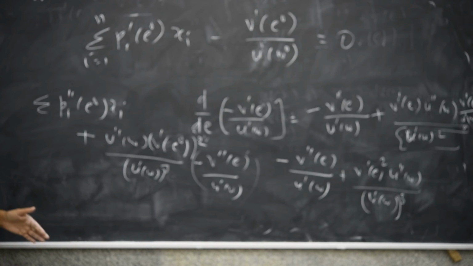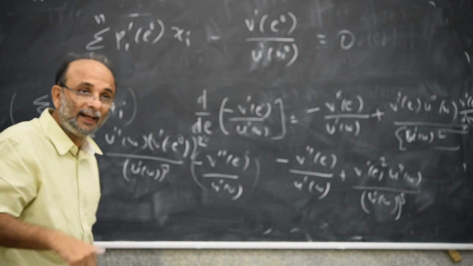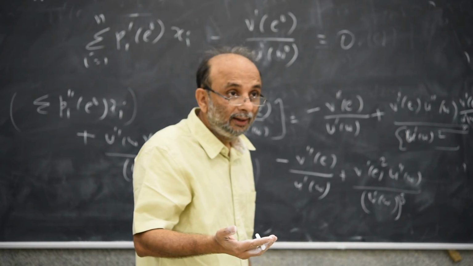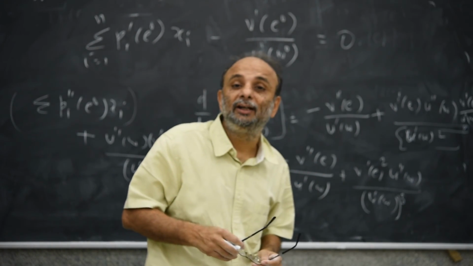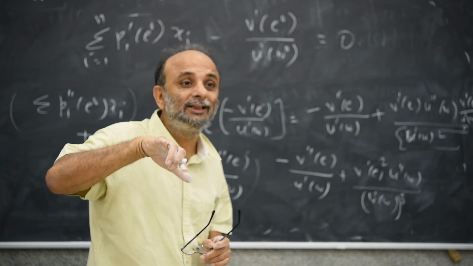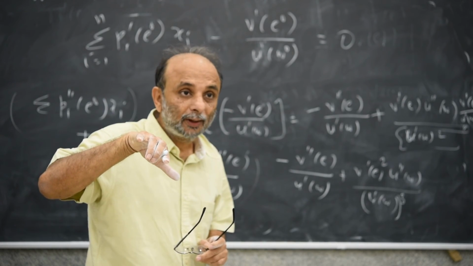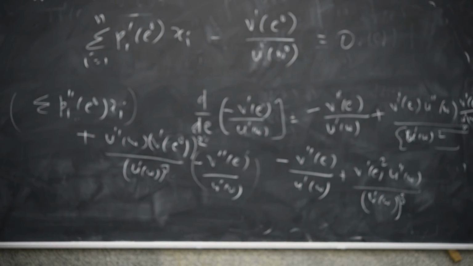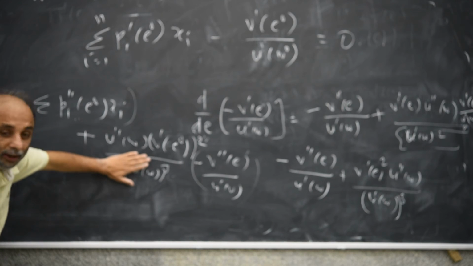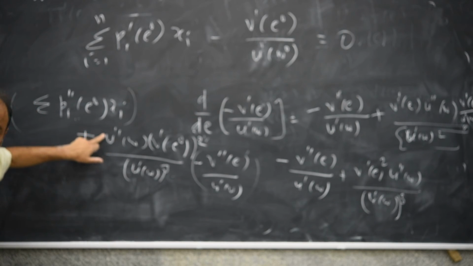For the whole term to be negative, we want this to be negative. Which means that if P double dash of E0 xi is negative, then we can be sure that this whole term, the second derivative of the objective with respect to E, is negative. Do you get the point? Because we know that this whole term is negative, because U double dash of W is negative.